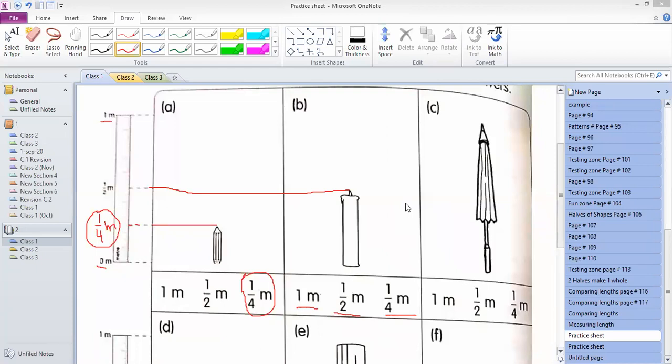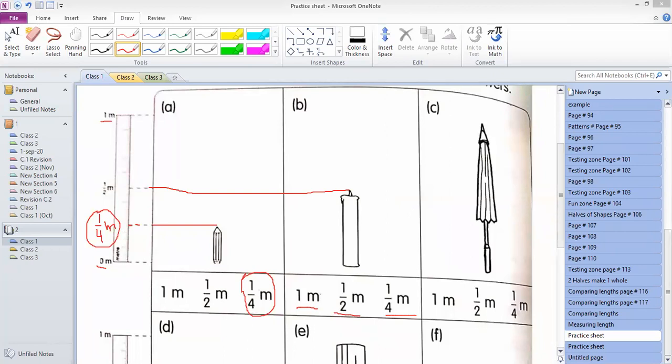Yahya Yusuf, can you tell me the length of this candle? Yes. What is the length? 1.5. Very good. Half meter. Very good.